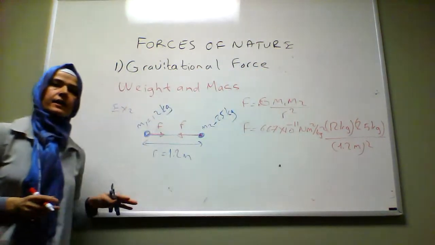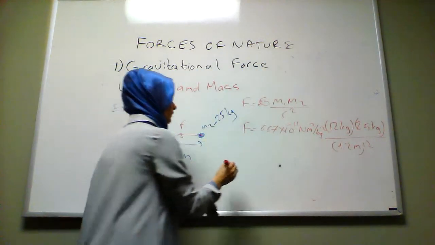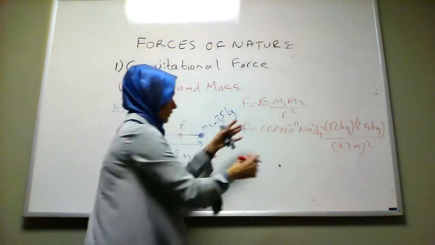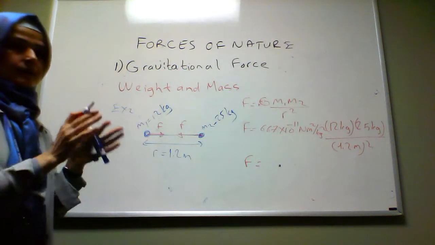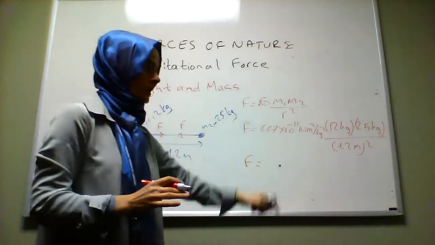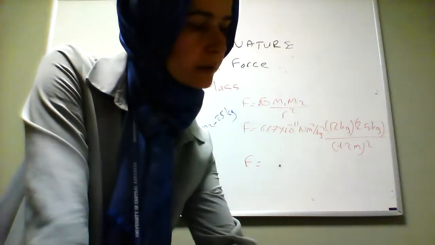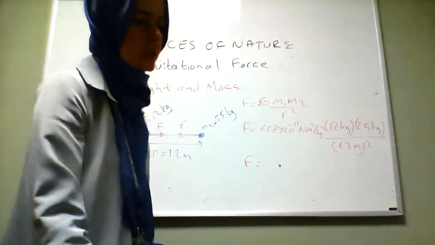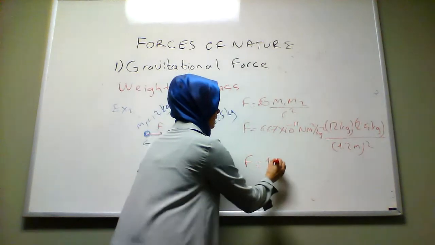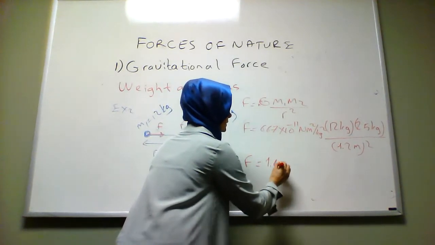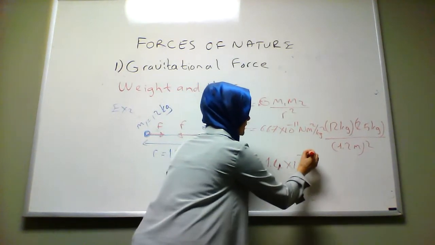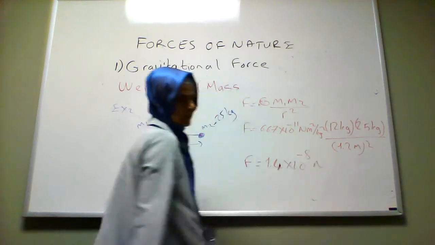If I put all my units again in MKS units, my force will be in Newton. I'm not going to go into checking all the units. All I check is that they're all in MKS units, and I did that. Meters, kilograms, and seconds. And the answer is 1.4 times 10 to minus 8 Newton.